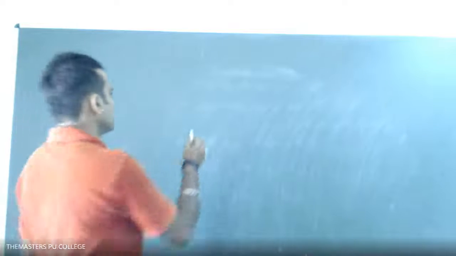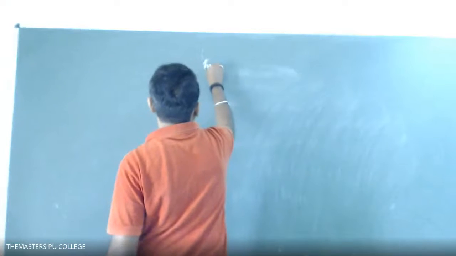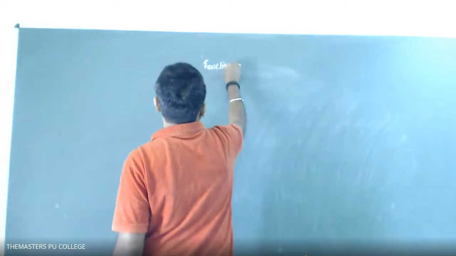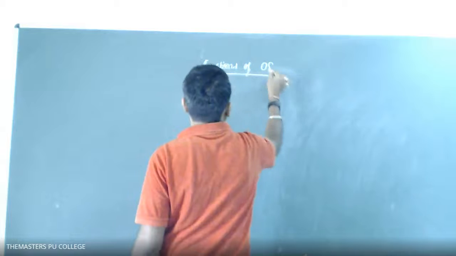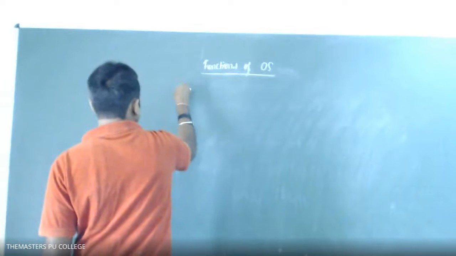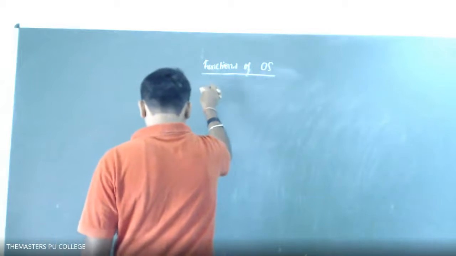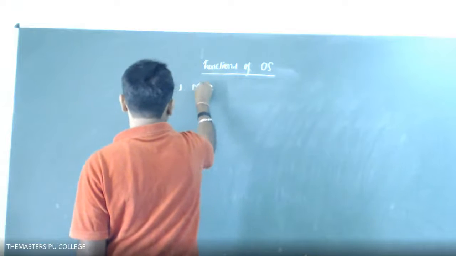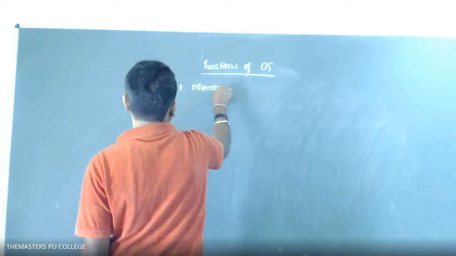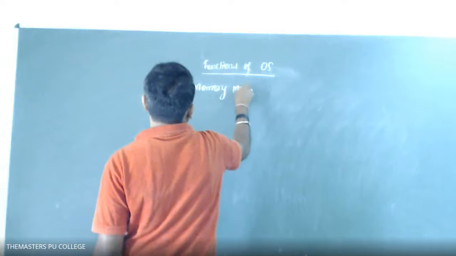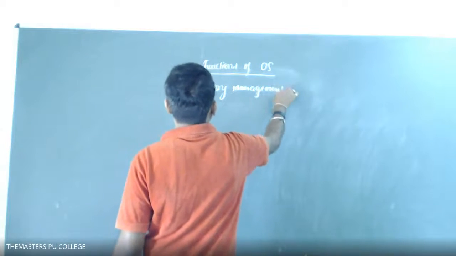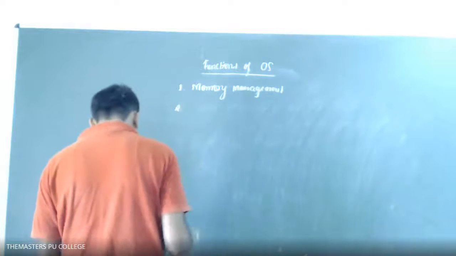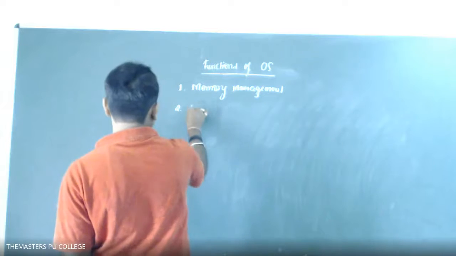Okay. Next is functions of operating system. OS, short again OS is the everything. So number one, memory management. Next, number two, processor management.